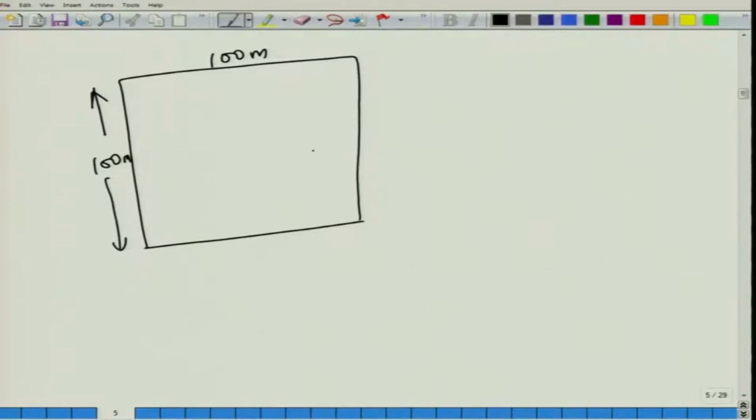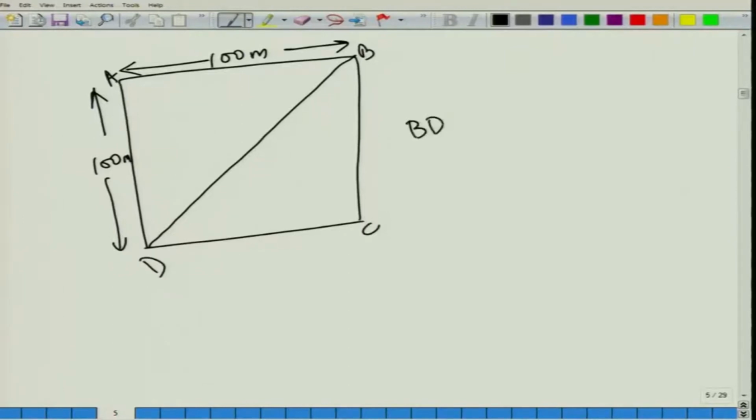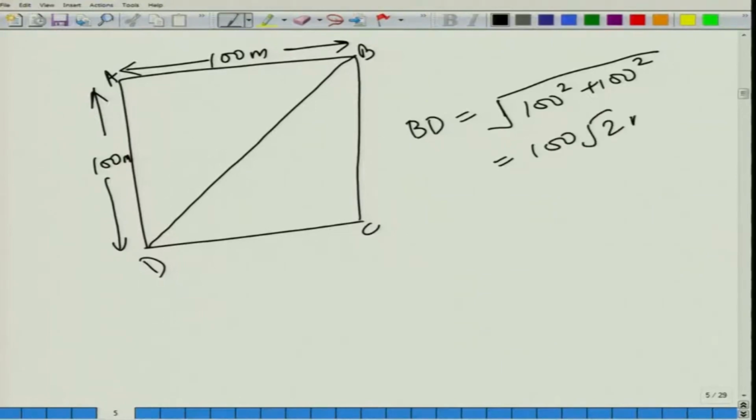Because this is a square, all the sides are equal. We first of all figure out this distance. So, let us call it A, B, C, D. Now, we know that BD is equal to square root of 100 squared plus 100 squared, which is 100 root 2 meters.